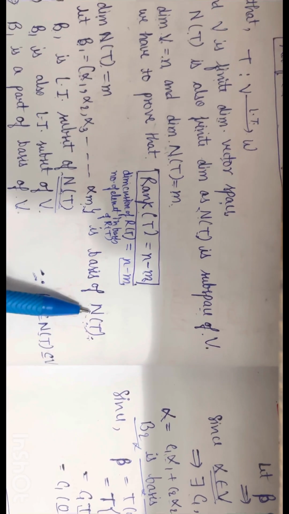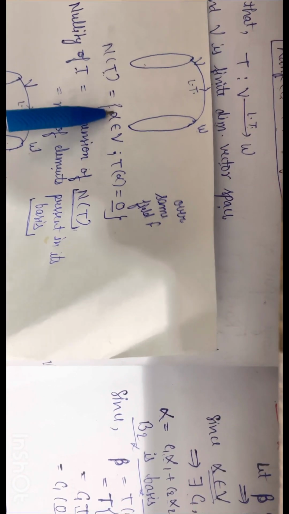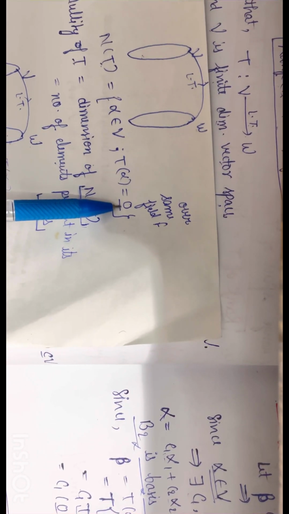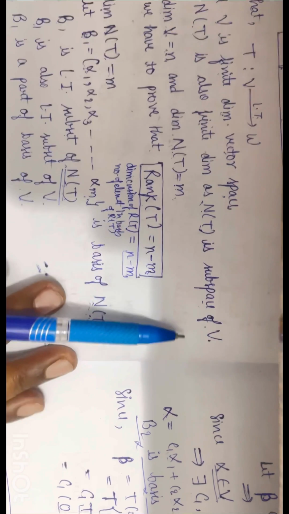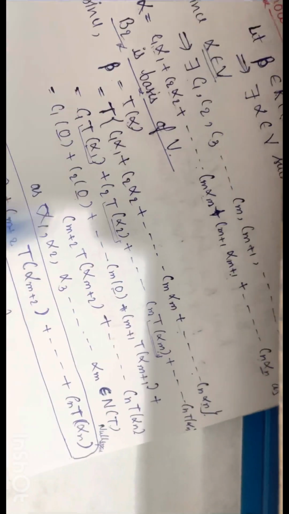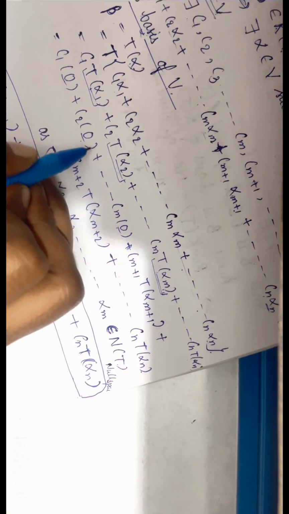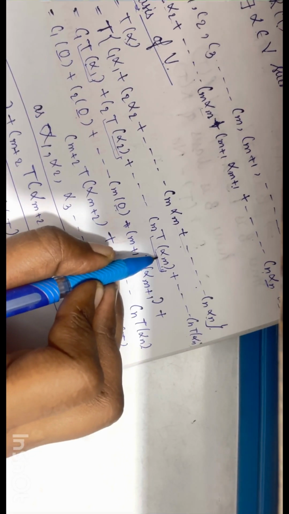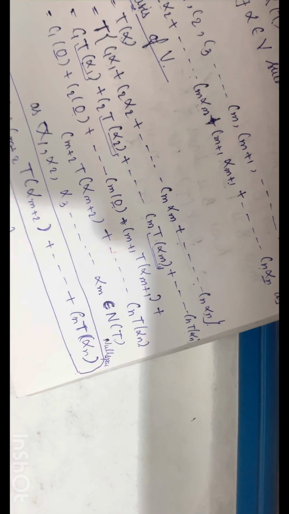These elements are belonging to null space of T. And I told you that null space of T will contain those elements of vector space V whose image is 0 vector. That means the image of these elements will be 0 vector. Hence, T of alpha 1 will be 0, T of alpha 2 will be 0, T of alpha m will be 0, because alpha 1, alpha 2, alpha m are belonging to B1 and hence belong to NT.